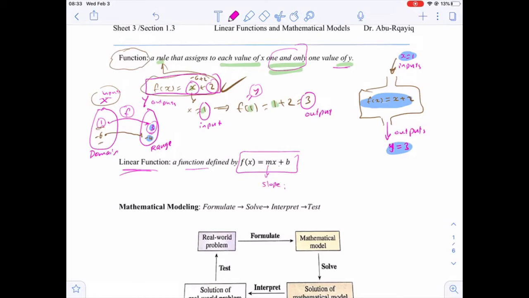If the function passes through the two points (x1, y1) and (x2, y2), then we can find the slope m by applying the following rule: y2 minus y1, the difference in y, over x2 minus x1, the difference in x. That's the slope, it's a number. And b is the y-intercept.